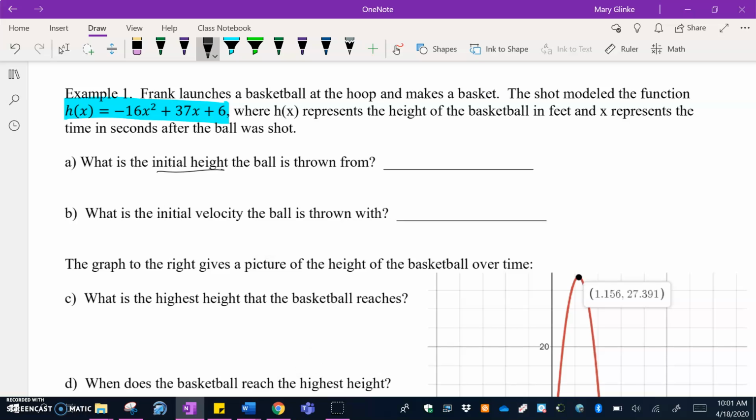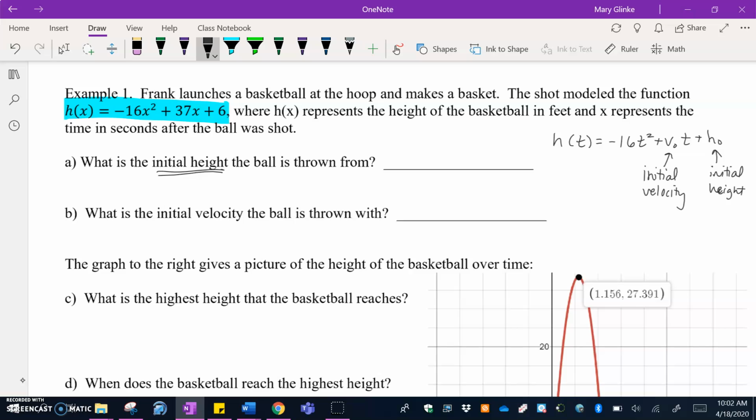So the initial height the ball was thrown from is taken from our vertical motion model setup. As a reminder, here's our vertical motion model where our initial velocity is in front of the t, and the initial height is just the constant that's there.